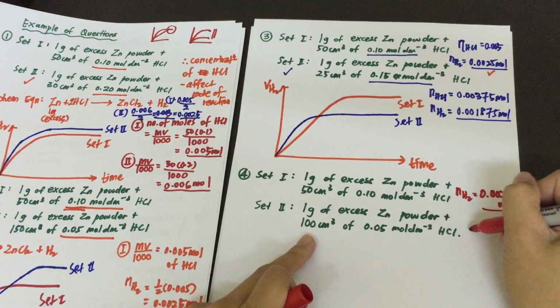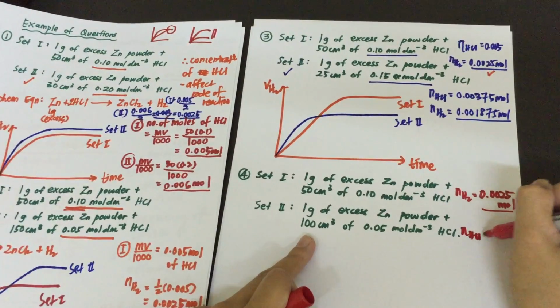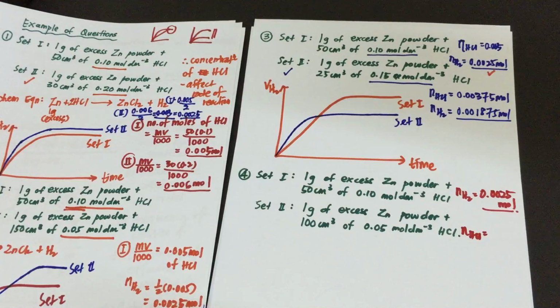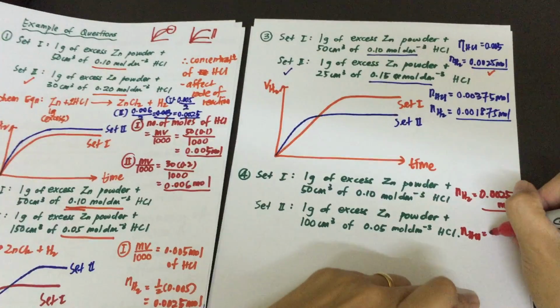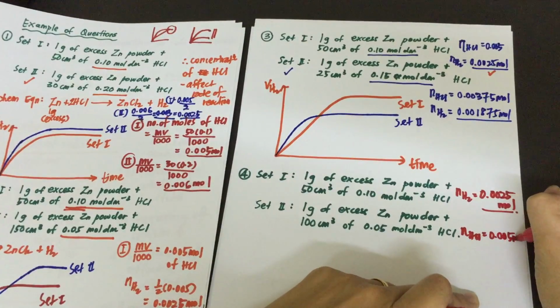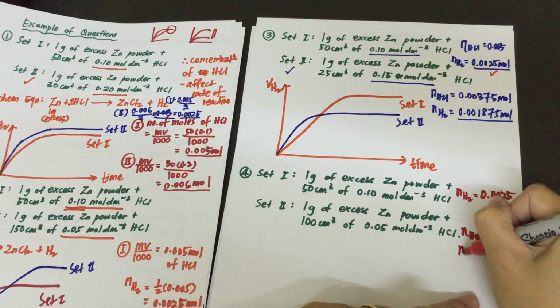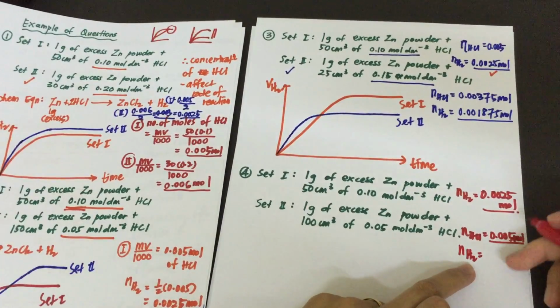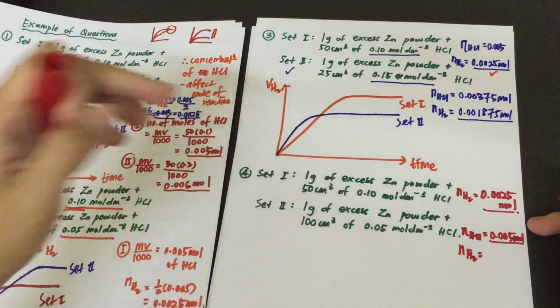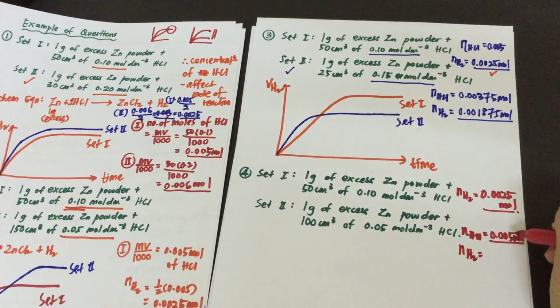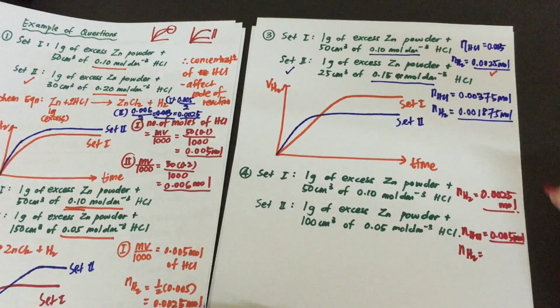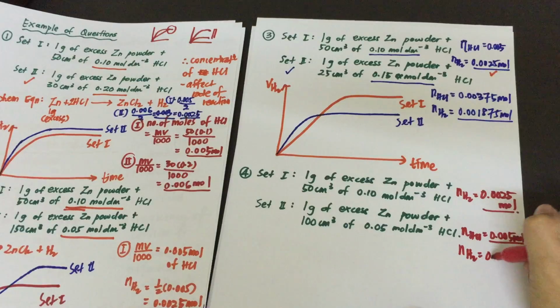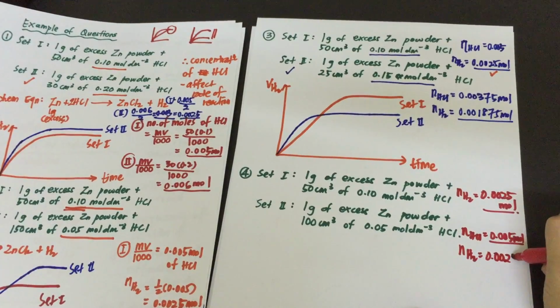While set 2 will give the number of moles of HCl to be 0.005 mole. So the number of moles of hydrogen gas released, comparing to the equation, will be half of the number of moles of HCl, which is 0.0025 mole also.